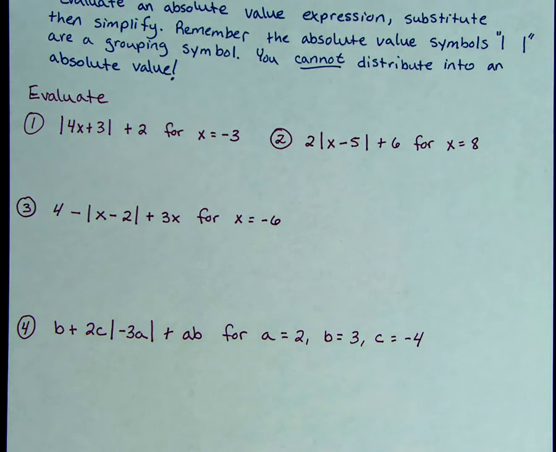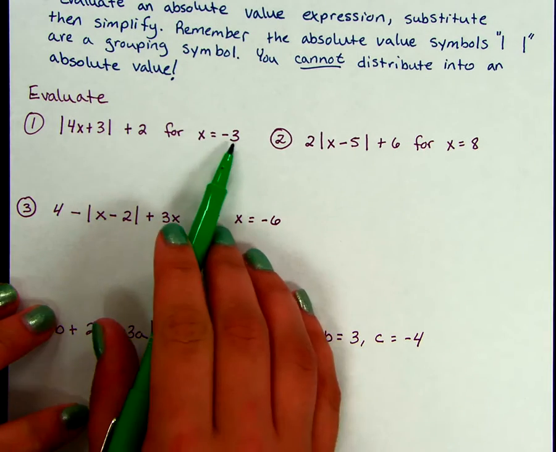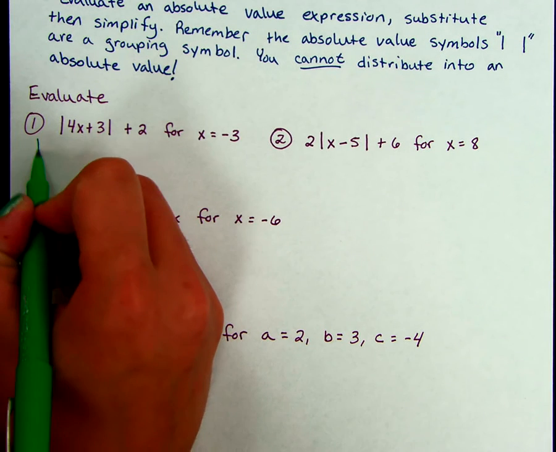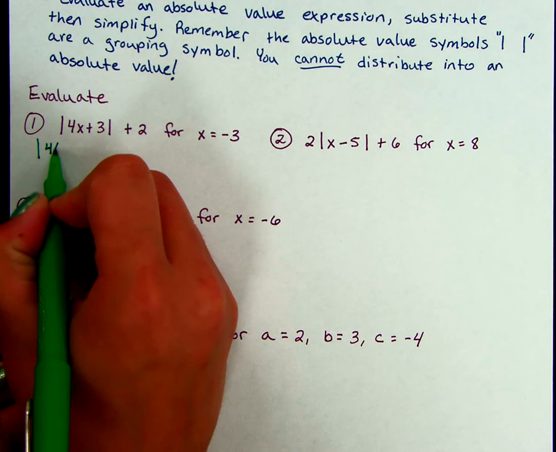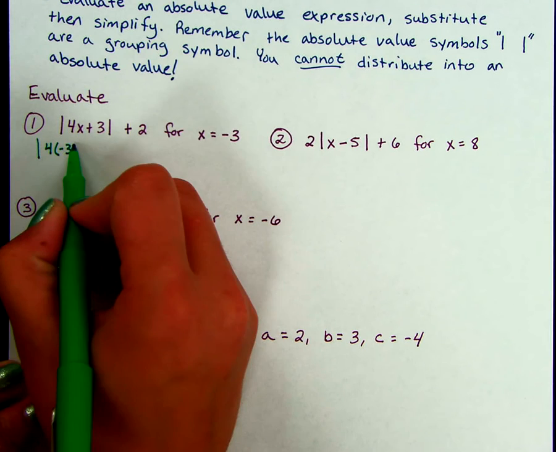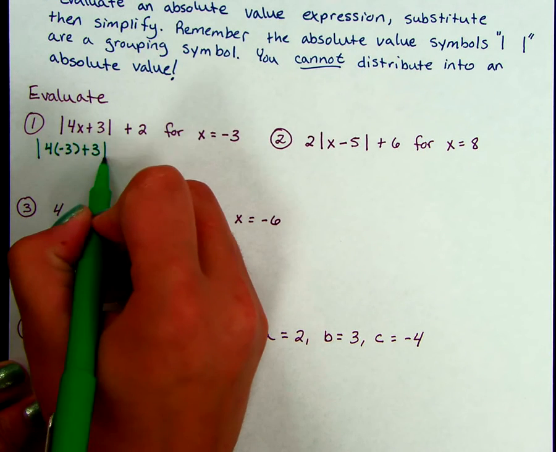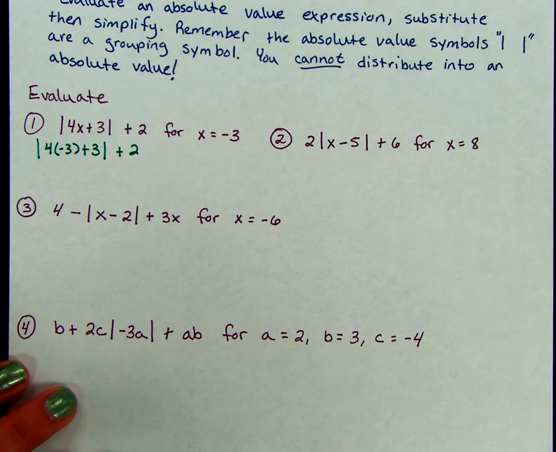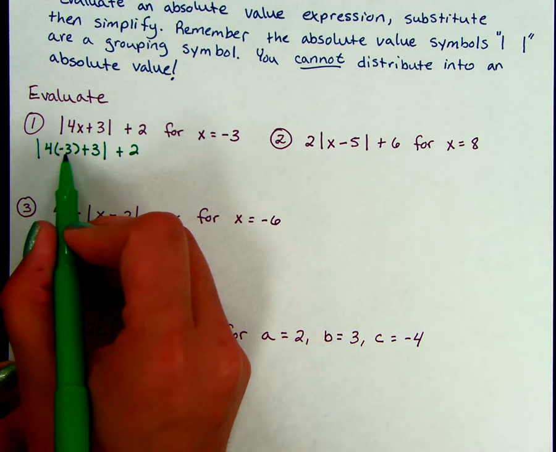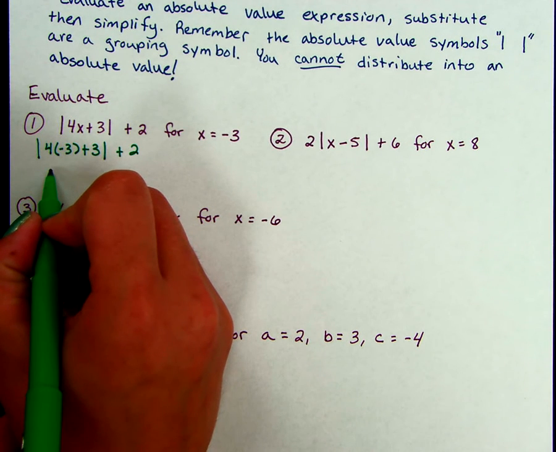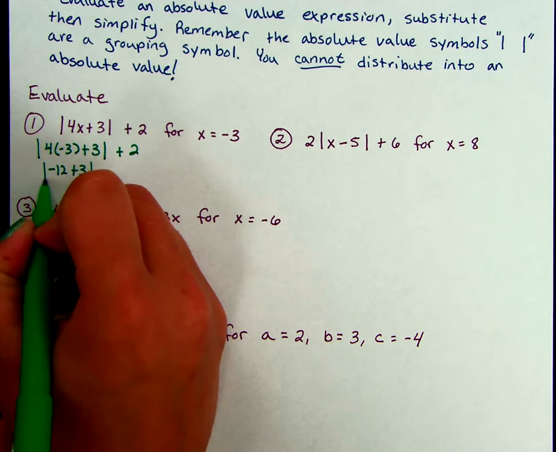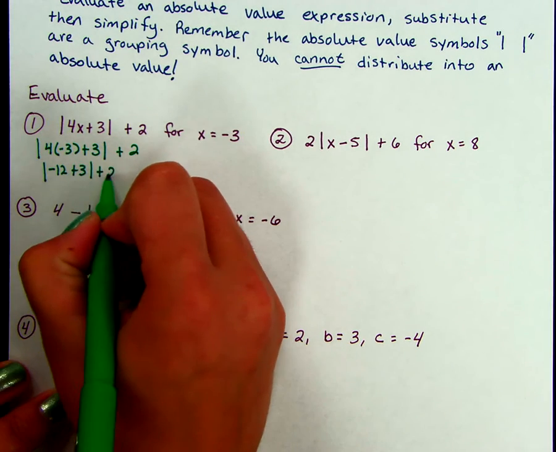Okay, so we're evaluating the expression for x equals -3. So we're going to substitute -3 in for x and then simplify. So absolute value of 4 times -3 plus 3, and then plus 2. So now we're doing our order of operations. So 4 times -3 is going to be -12 plus 3, still inside our absolute value, and then plus 2.